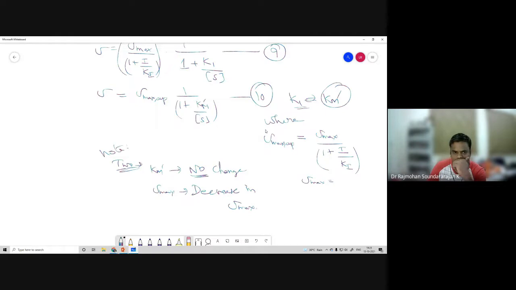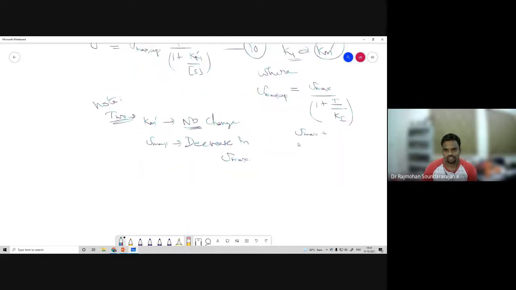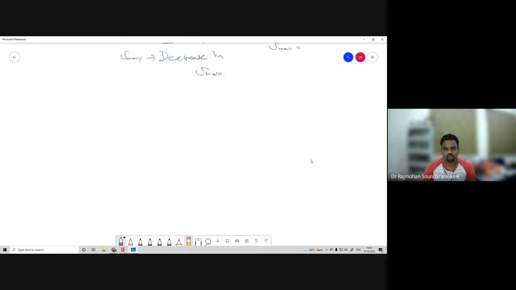The note here is that for this system, for the given mechanism, there is no change in the Km dash value, and there is a decrease in the Vmax value. We will observe that when we plot the graph also.